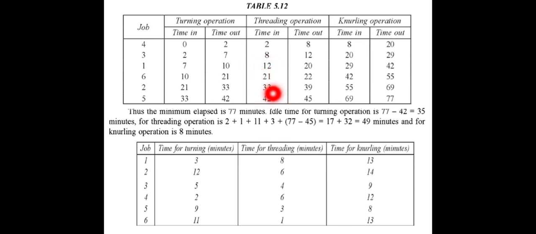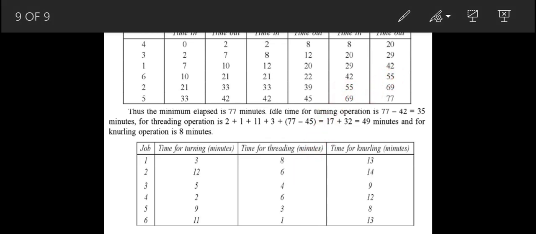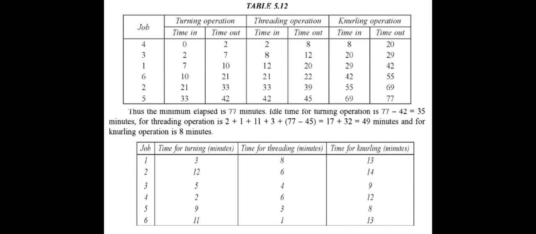Okay, it indicates that since after 20 minutes the machine 2 is free, that is machine B is free, idle time here will be 1 minute. Idle time will be 1 minute, so which is shown here. Similarly, the time taken is 1 minute, so 22, 42 and 42 is written here. So in this way the remaining values are calculated.